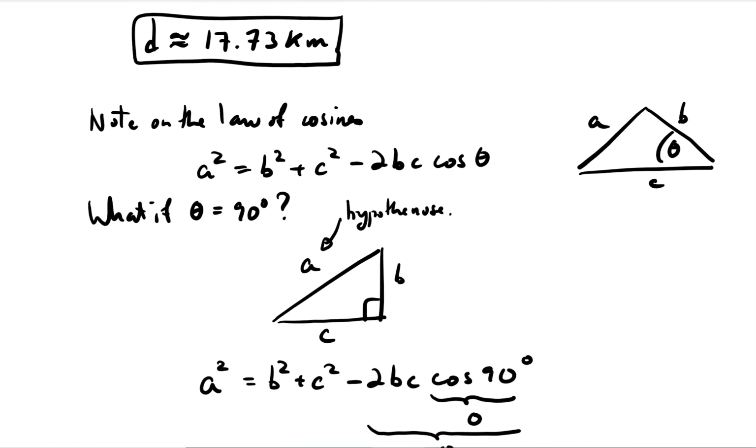You can think of the law of cosines as a generalized version of the Pythagorean theorem.